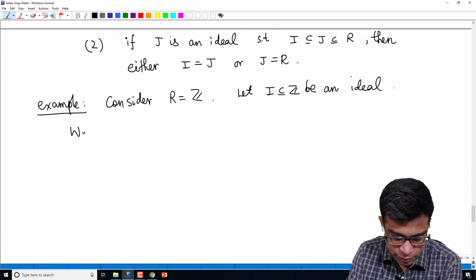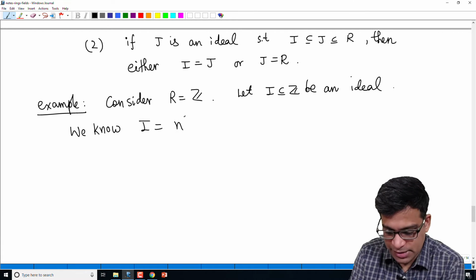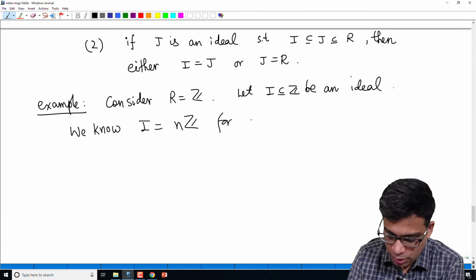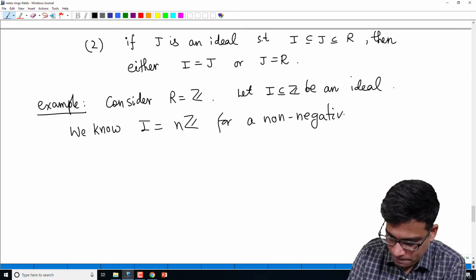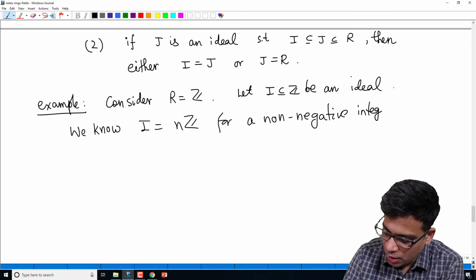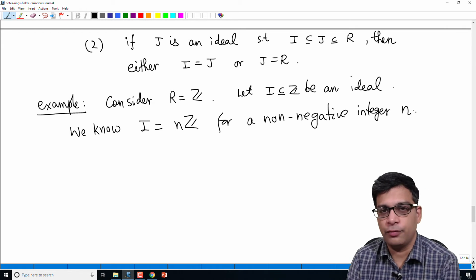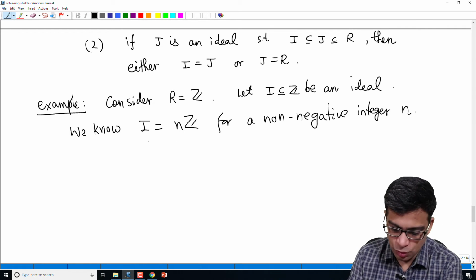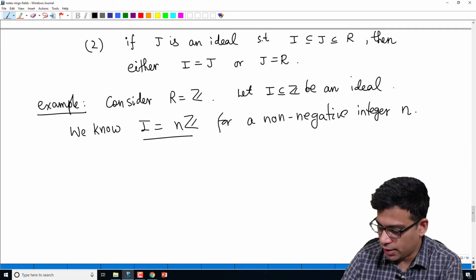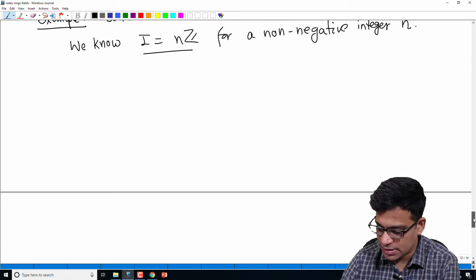We know that any ideal of Z can be written as nZ for a non-negative integer n. If you remember from the last video, we started with this and determined when it is prime. Now we are going to determine when it's maximal. So let's take I equal to nZ and determine under what conditions on n is I maximal.